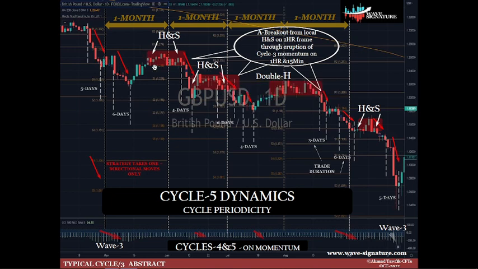But we could still identify that we are able to do a swing trade on a monthly basis. So the cycle periodicity is again very important, just like with a cycle 3. In this case, it is clearly identifiable that it's a monthly trade.